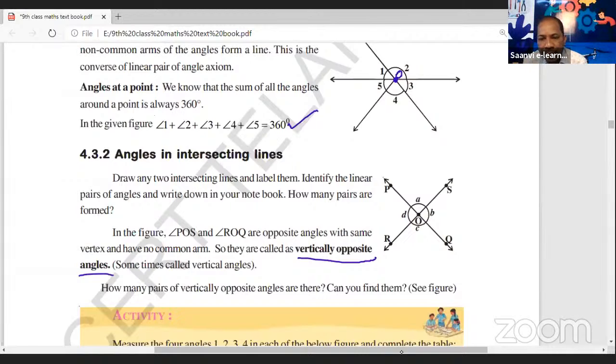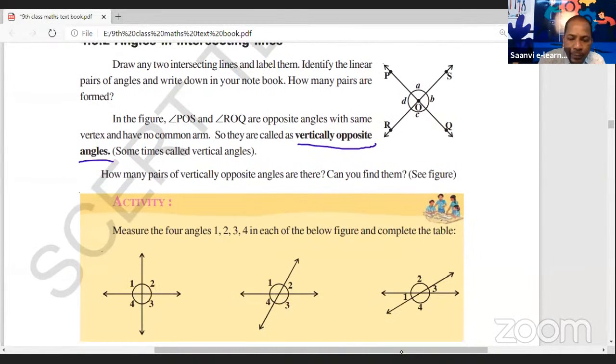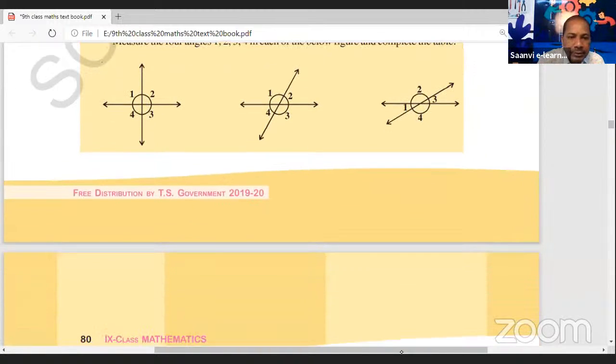So angle B and angle D are vertically opposite angles. So vertically opposite angles means they should be quite opposite to each other. Like this, if the two angles are quite opposite to each other, then they are called vertically opposite angles.